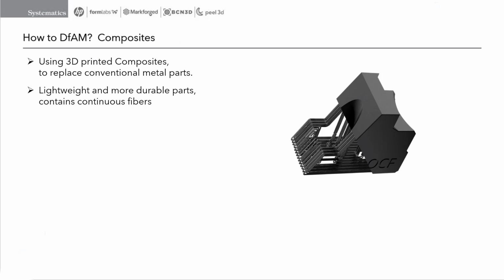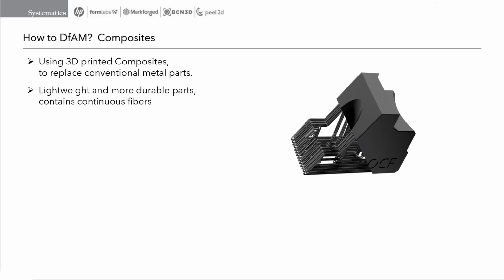Using Markforged fiber reinforcement allows us to produce parts with reinforced composite materials, providing additional strength and durability with a high strength-to-weight ratio, which in some cases can be an alternative for metal parts.